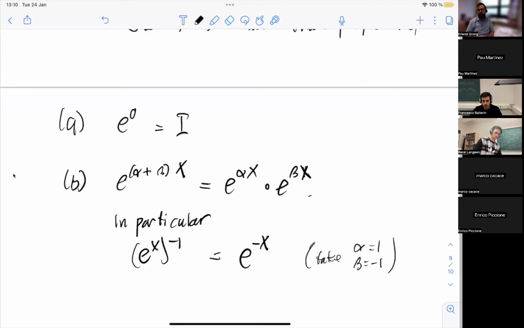This follows from the previous one by taking alpha to be 1 and beta to be -1. This part here would need to equal this, which would be the identity, right? So if I take alpha equal to 0, beta equal to 1, then this is the identity, this is e to the x, and this is e to the minus x. So hence it has to be the inverse.